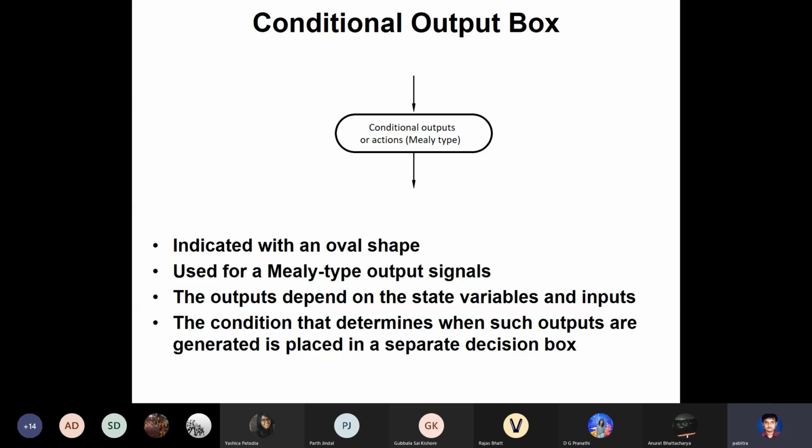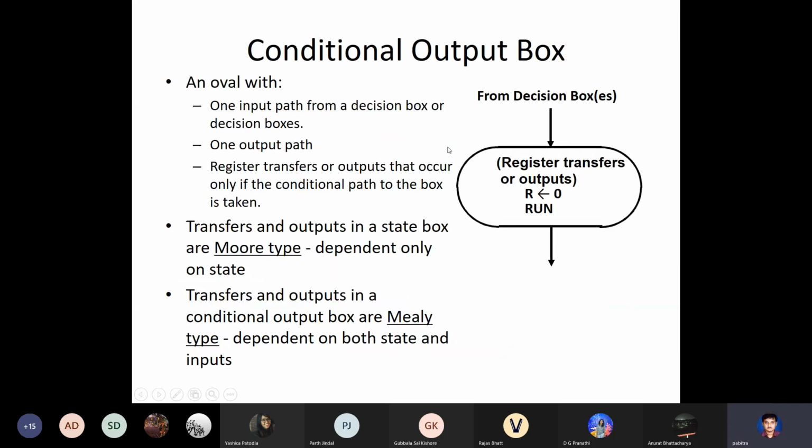Output depends on the state variable and the inputs. It also has a single input, single output, but the input usually comes from the output of another decision box.